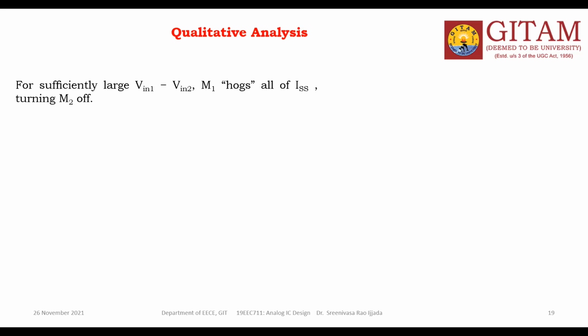Completely M2 will be off and M1 is on. Then again the first case will come. What is the first case? Vout1 is equal to VDD and Vout2 is equal to VDD minus RD into ISS. Now it will be reversed: Vout1 is equal to VDD minus RD into ISS, and Vout2 is equal to simply VDD.